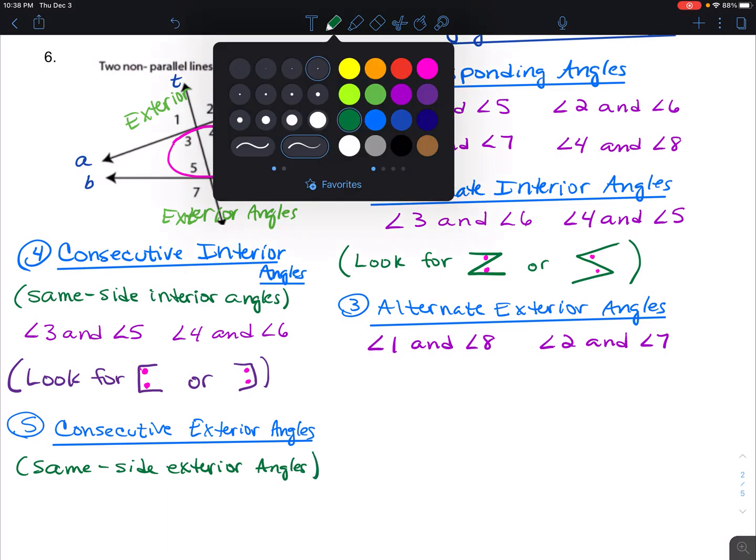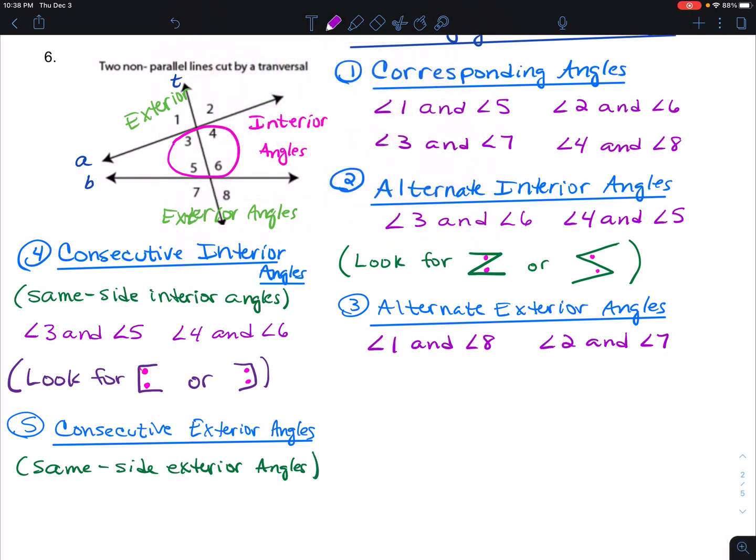Okay, and again, that would be an example, angles 1 and 7, or angle 2 and angle 8. Okay, so these are all of my special pairs of angles when I have two lines and a transversal.